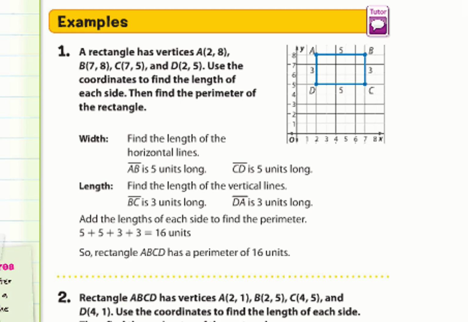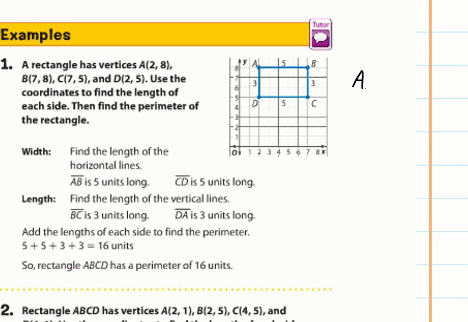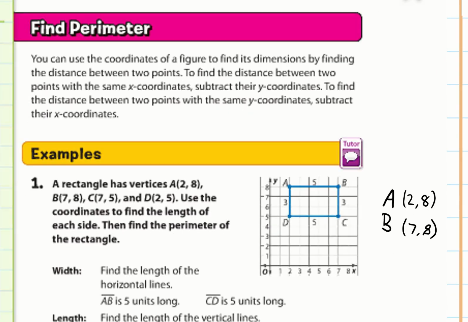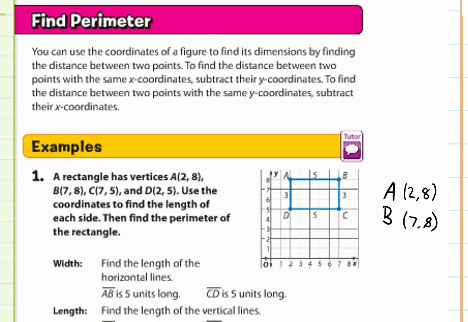So there are 2 ways we can do this. After plotting all the points, we can either count the square units, so 3, 5, 3, 5, or we can take A and B, we have (2, 8) and (7, 8). Here it says if they have the same y-coordinates, we subtract their x-coordinates.